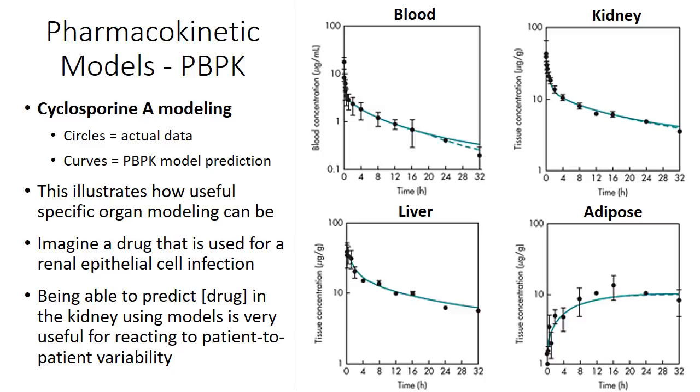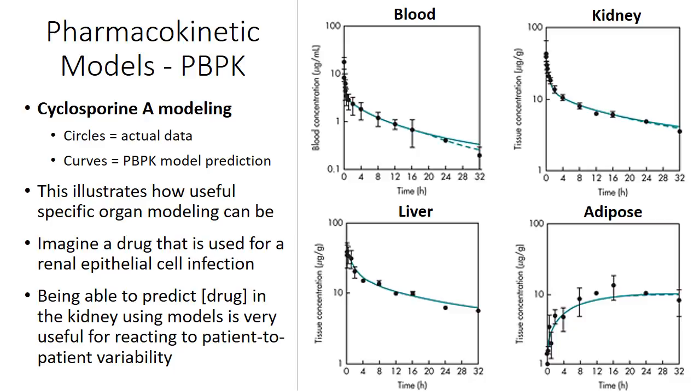And that could theoretically be really useful if the target were in one of those tissues. If we had a target in adipose tissue, just imagine a hypothetical drug that's used to cause lipolysis or fat loss. Maybe it would be helpful to have a kinetic model, PBPK model, to predict that.